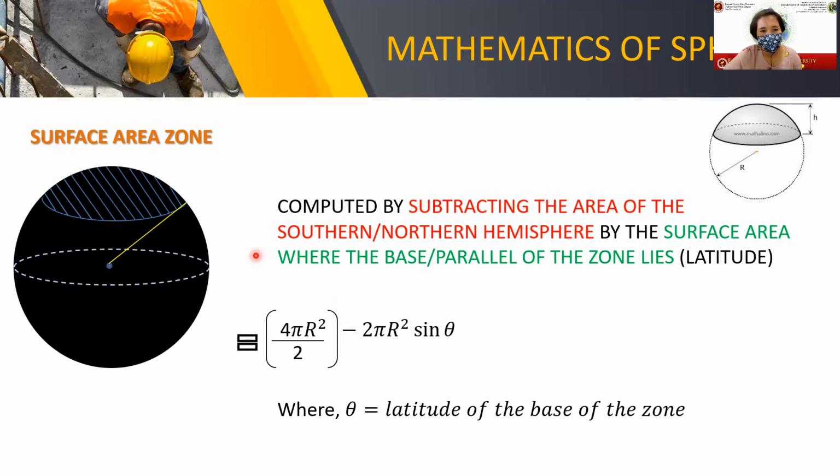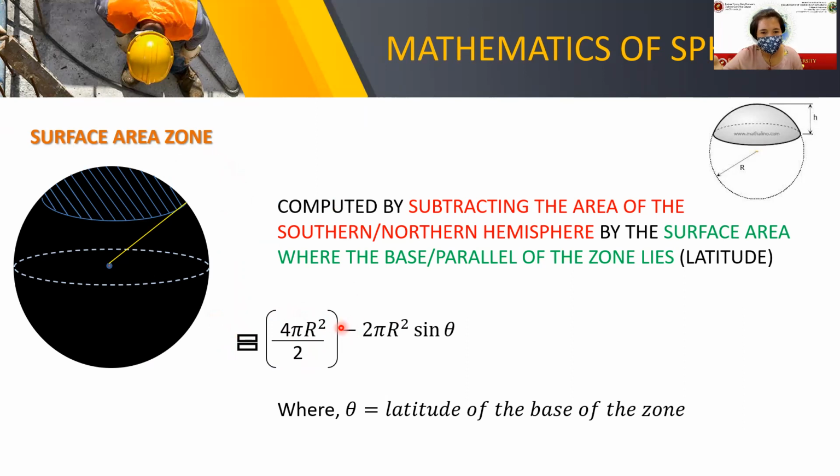So we can compute the area of this portion here by just 4 pi r squared. This is the area of the whole sphere. Then, since our target is only half, we divide it by 2. So 4 pi r squared divided by 2 is the area of the northern hemisphere or the southern hemisphere.